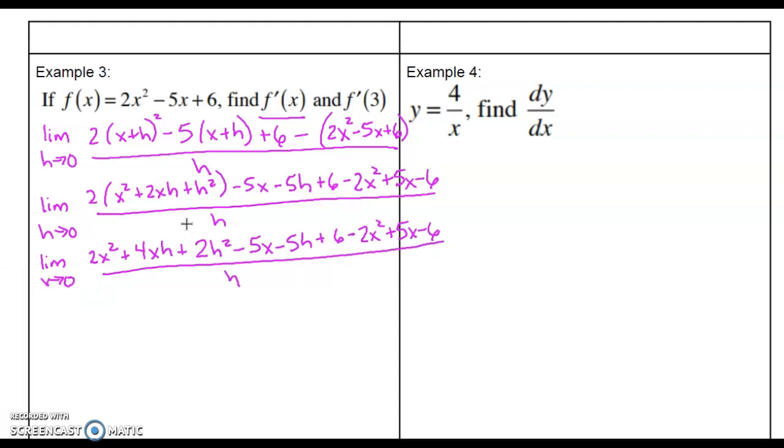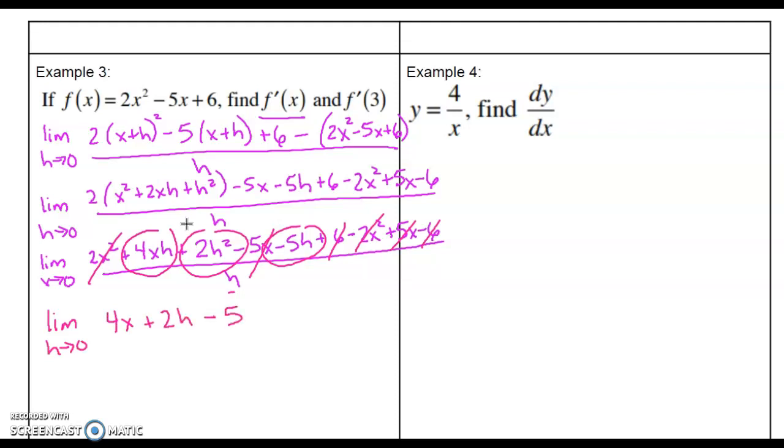Okay, so let's see. That goes away, that goes away, that goes away. And then I've got 1, 2, 3 terms, and they all have an h. So the limit as h goes to nothing is 4x plus 2h minus 5. So now I'm going to apply my limit.